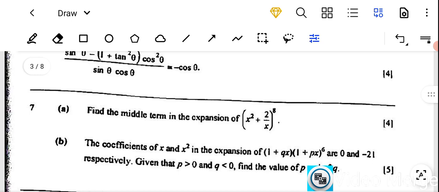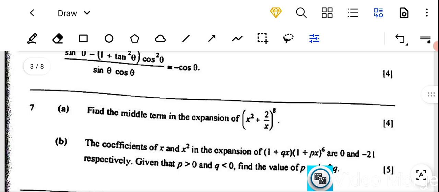Then 5, 6, 7, 8 are the last 4 terms. Because you can have, for example, a choose 0, a choose 1, a choose 2, a choose 3, which is the fourth term.